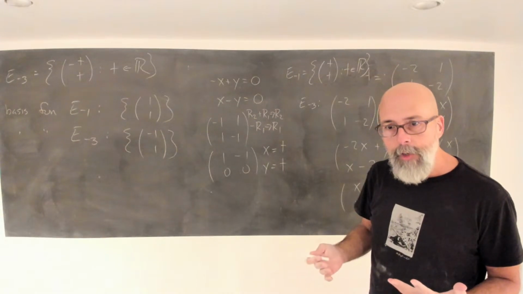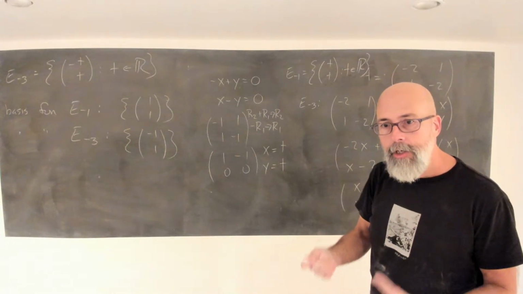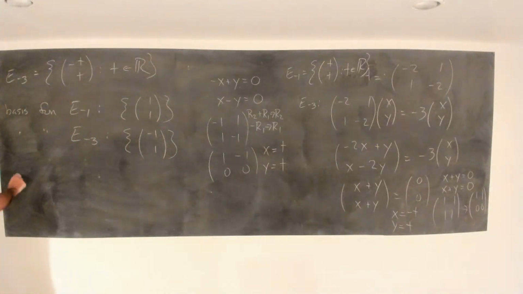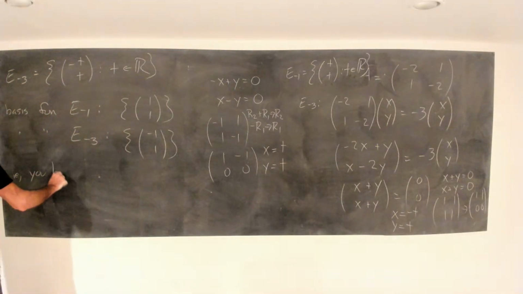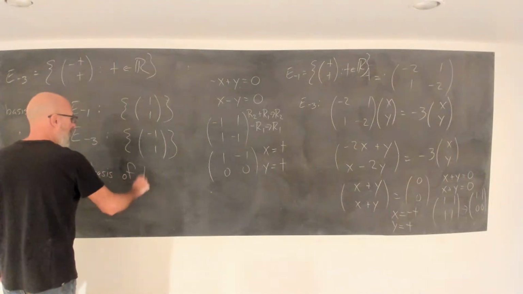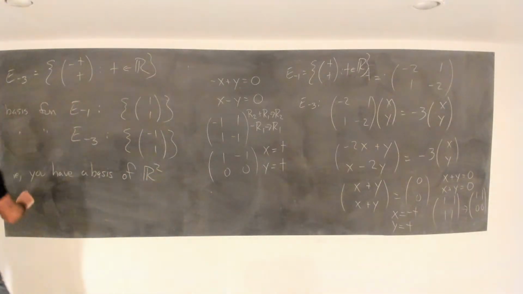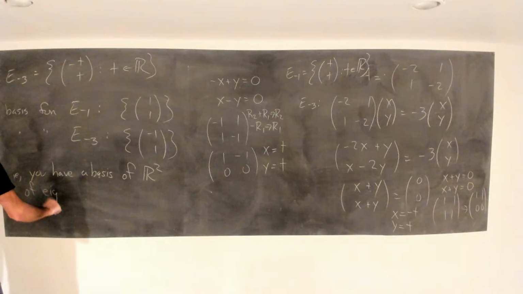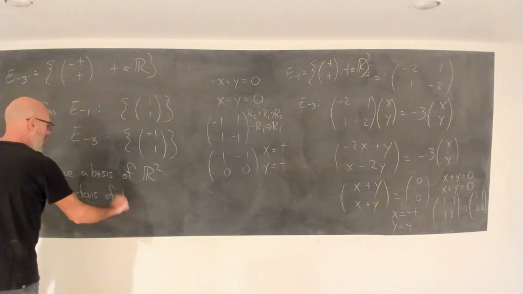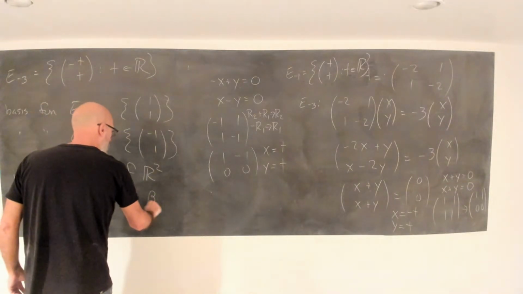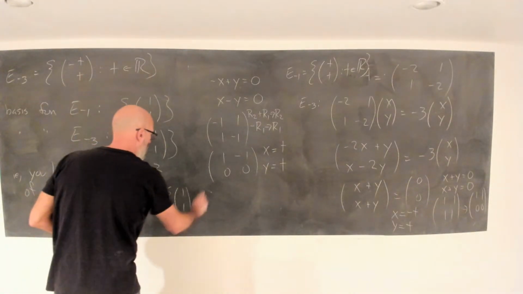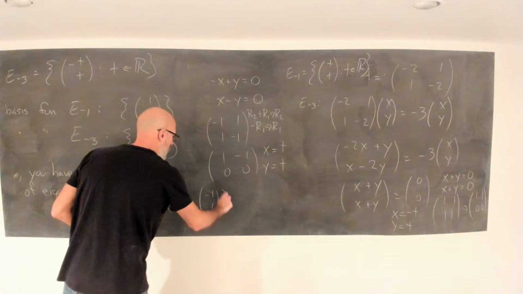In other words, you have a basis of eigenvectors. The basis of R2 of eigenvectors of T: 1, 1 and minus 1, 1.